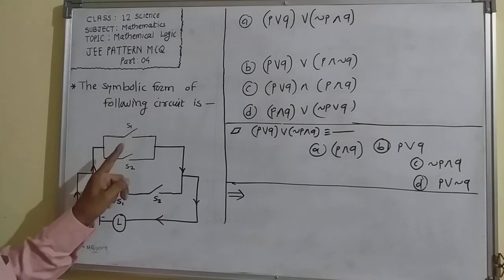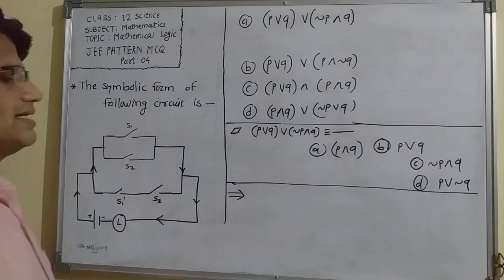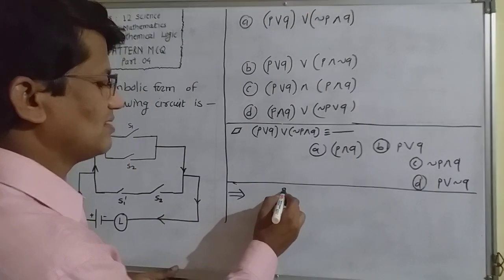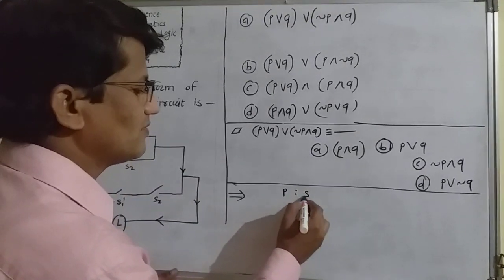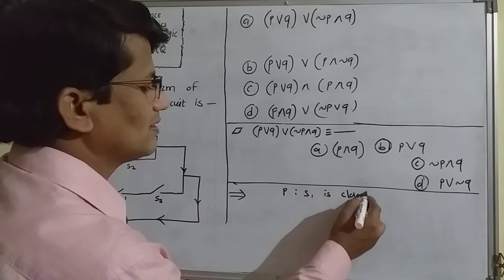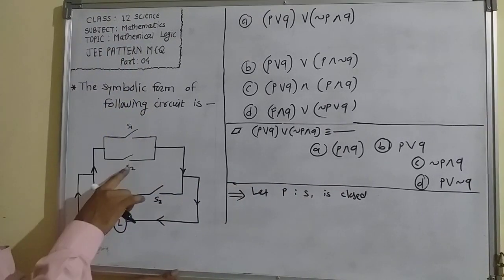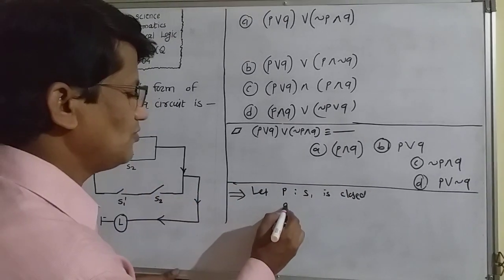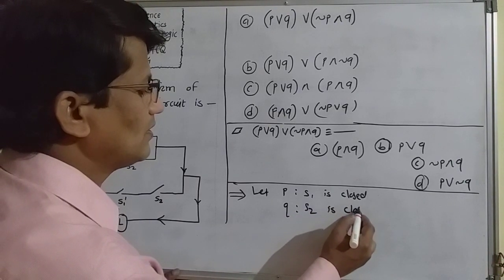Here S1 is given, and we know S1 is denoted by the symbol P. S1 means P. The switch S1 is closed. Another here, S2. Use Q for S2, which is also closed.